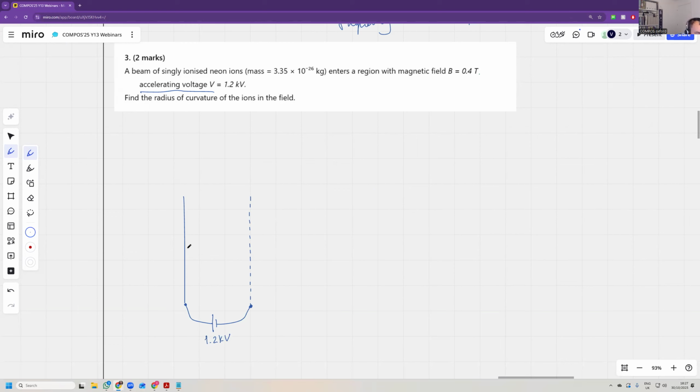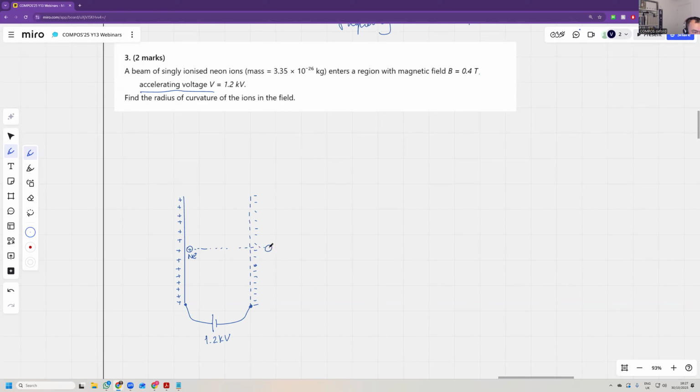So a neon ion, let's say it originates here. So it's a neon plus. And because this plate is positively charged, it accelerates away from the positively charged plate towards the negatively charged mesh. It accelerates.